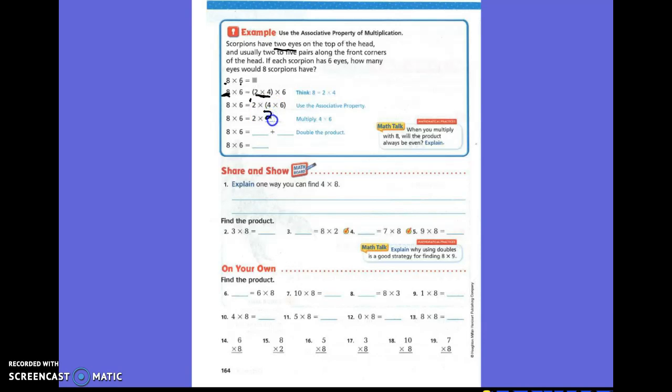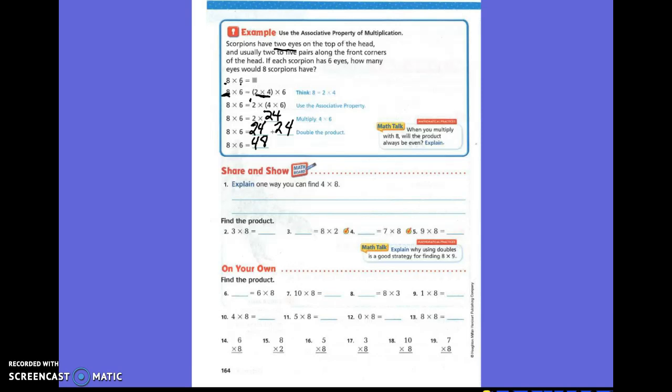So then it's just 2 times 24. 2 24s equals 48. 24 plus 24 equals 48. So hopefully you know what 8 times 6 equals, because we've now done it 3 times. So 8 times 6 is 48.